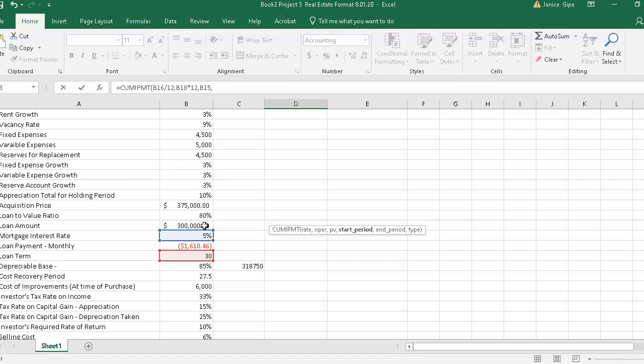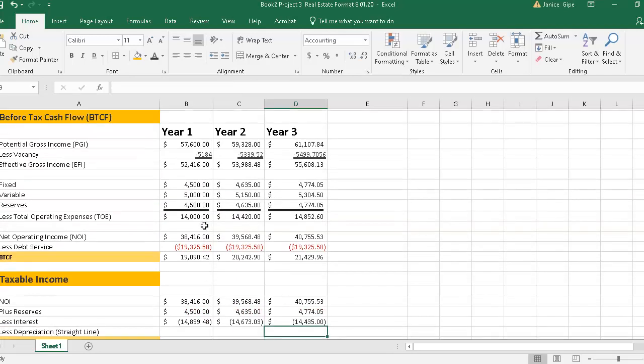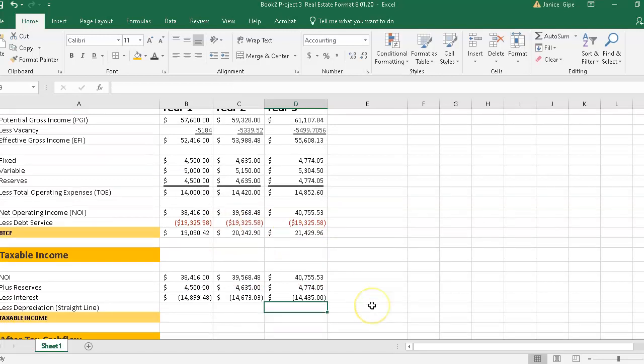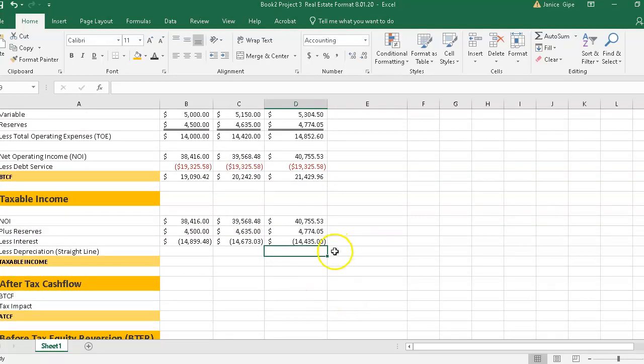And then this interest payment was for the 25th through the 36th month, which gives us an interest payment of $14,435, which, as I said before, slowly decreases.